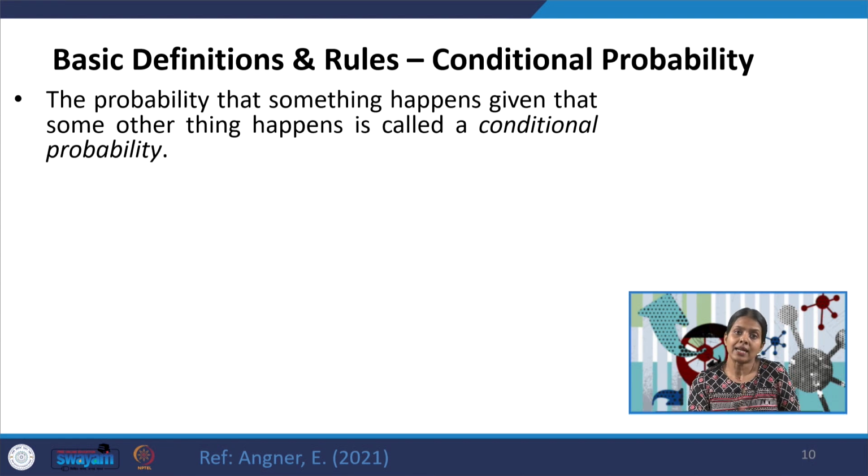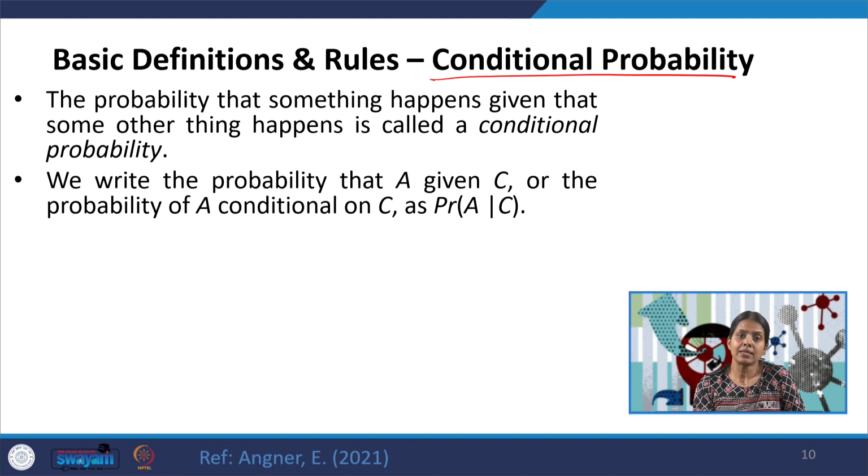The probability that something happens given that some other thing happens is called a conditional probability. So, now we are going to discuss conditional probability, which simply implies that the occurrence of one event is conditional upon the occurrence of some other event.